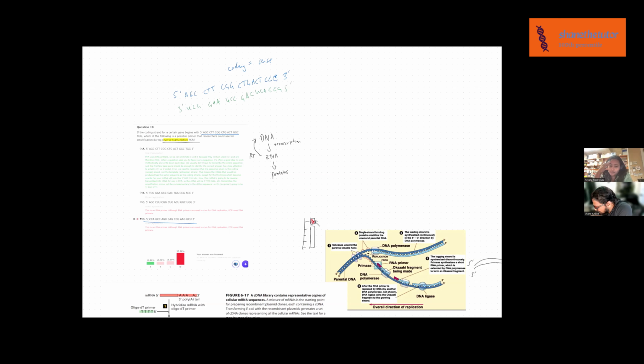So now this is the template, also known as antisense, and it's called a template because that's what you use to make the next strand.